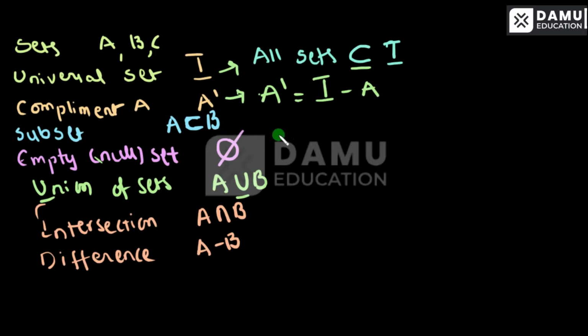Subset I already told. Null set means pi is equal to the empty set, there is nothing, this is the empty set.